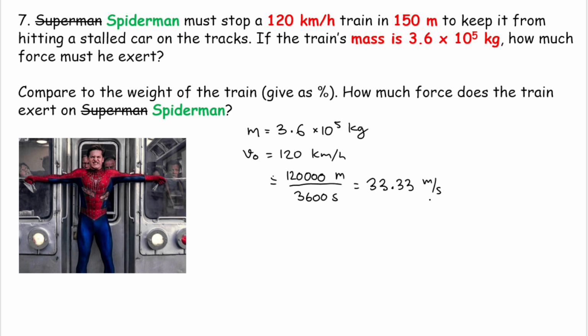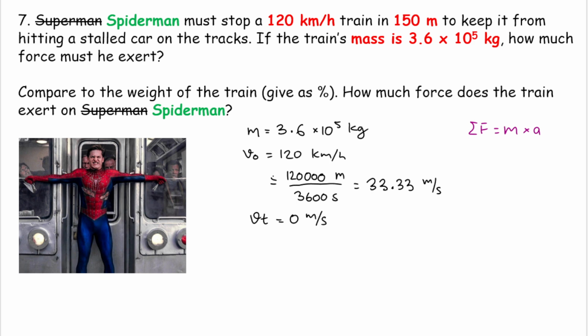And then we need to get the train to stop, so our final velocity, Vt here, is 0 meters per second. Good. And the question is the force. The force, so we will have sigma F is equal to the mass times the acceleration.